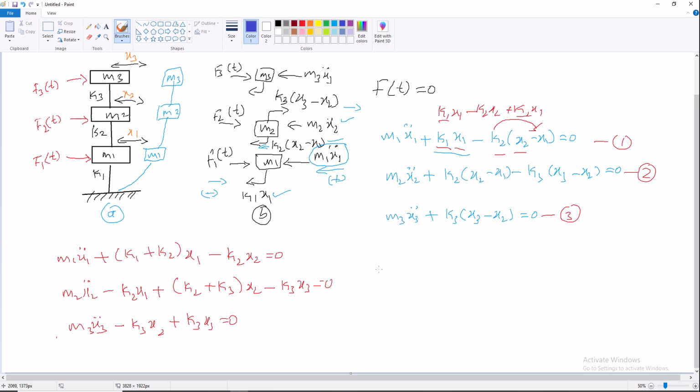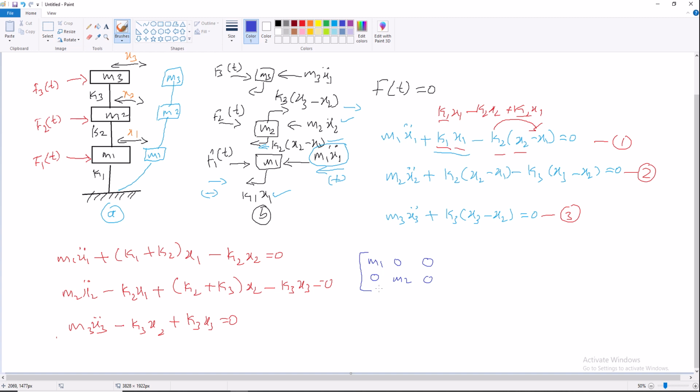Now I would like to write the equation of motion for this. First I write the mass matrix. In the first equation, x1 double dot is associated with m1, and I do not have x2 and x3 double dot. In the second equation, I do not have x1 double dot associated with m, because it is 0, and x2 double dot is associated with m2, and I do not have x3 double dot.